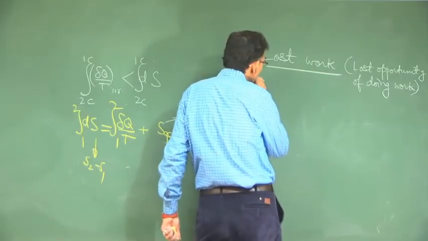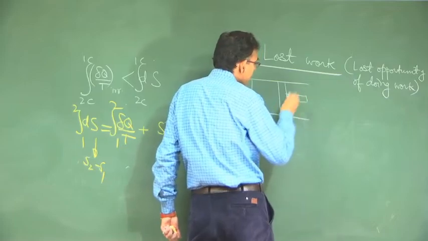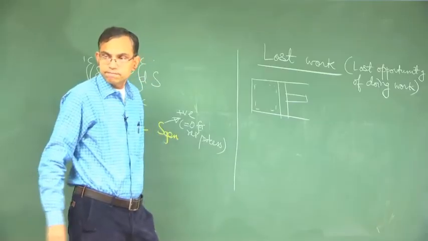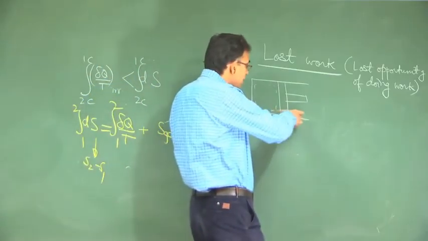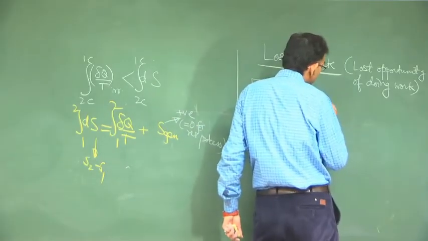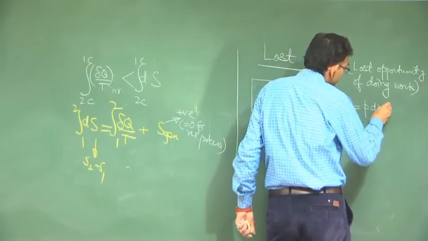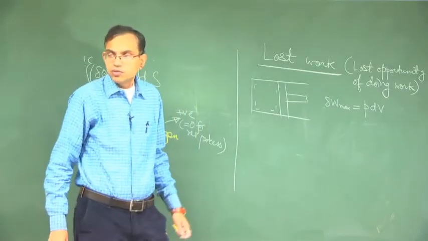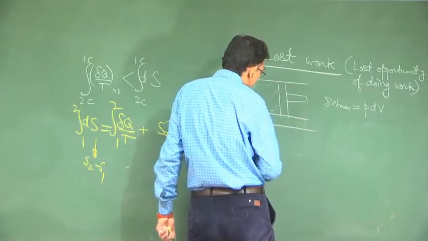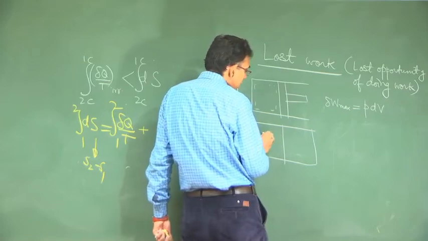So, let us consider two examples. One is you have a piston cylinder where the gas is moving in a quasi equilibrium process. If the gas is expanding in a quasi equilibrium process because of the heat transfer, then you have maximum work done, which is PdV, right. Let us consider another very interesting arrangement, same gas, but now partitioned in two places.